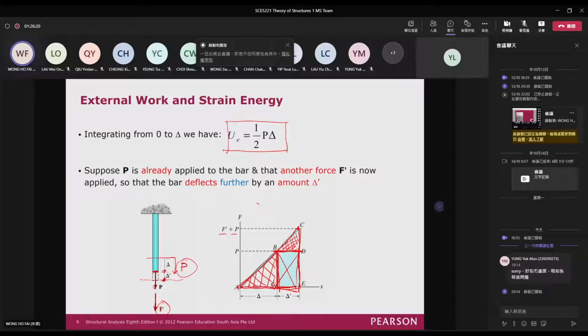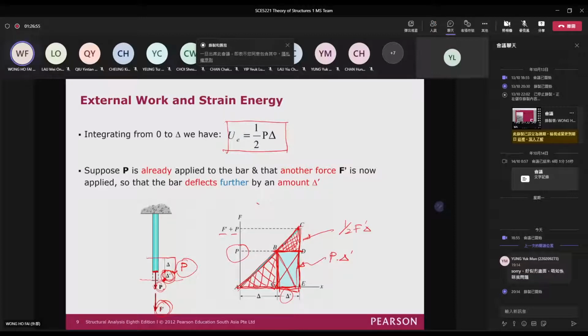This P goes along with a deformation of delta dash, so this area is equal to P times delta dash. The force is still P, and it undergoes a displacement delta dash, represented by this rectangle. The work done by the additional force F dash is represented by this triangle.